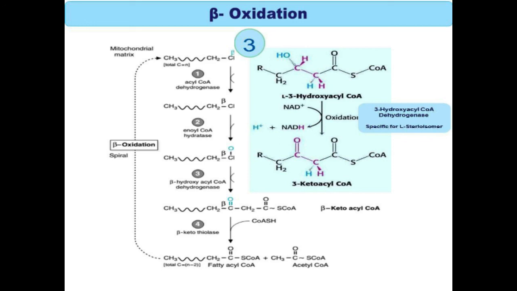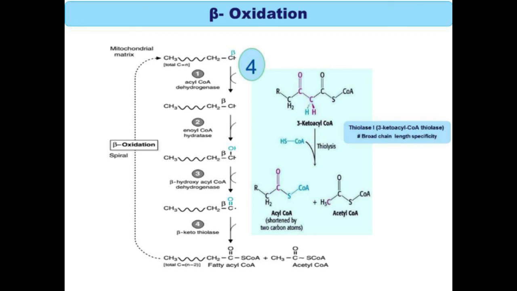In this reaction, NAD+ is the coenzyme and acts as the electron acceptor. NADH is formed in this reaction, which donates its electron equivalents to NADH dehydrogenase of the mitochondrial electron transport chain to produce energy.